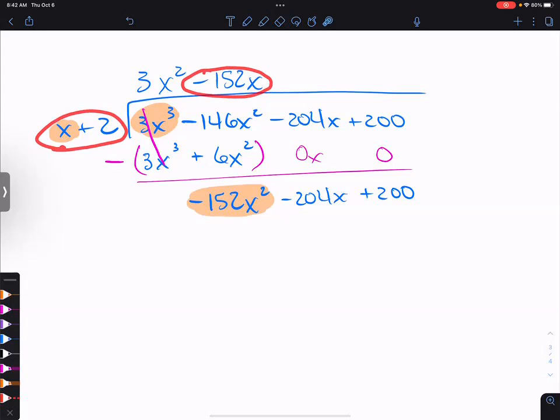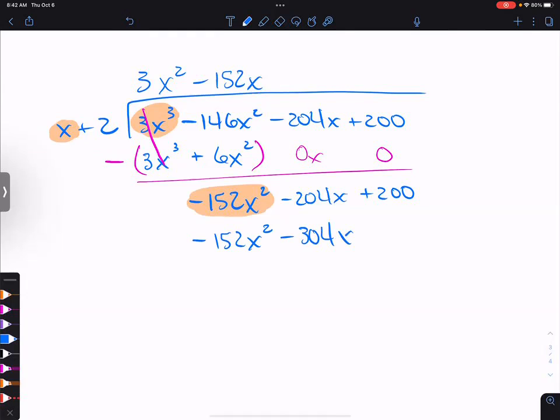Distribute when you do that. So negative 152x times x plus 2 would be negative 152x squared minus 304x. And treat that like it's 0. Leading term cancels. Again, that's good. That's what we're expecting. That should happen.